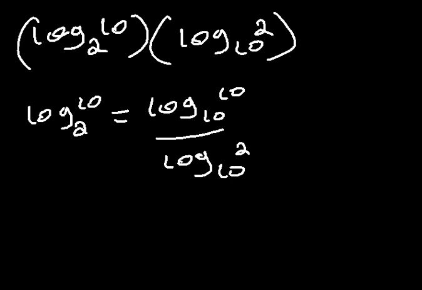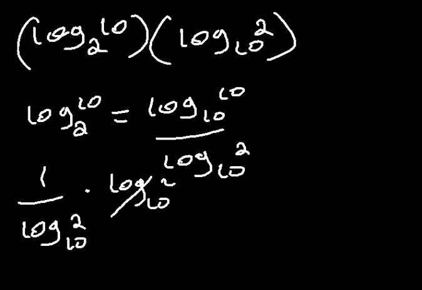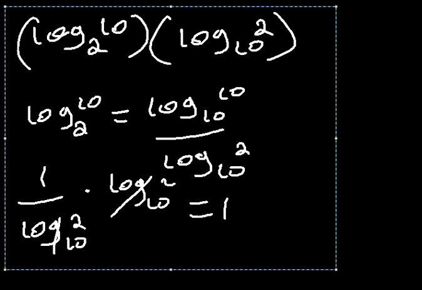Now we substitute this in here. What is log base 10 of 10? It is 1, so we have 1 over log base 10 of 2 times log base 10 of 2, which cancels, and we have 1. So keep that in mind.